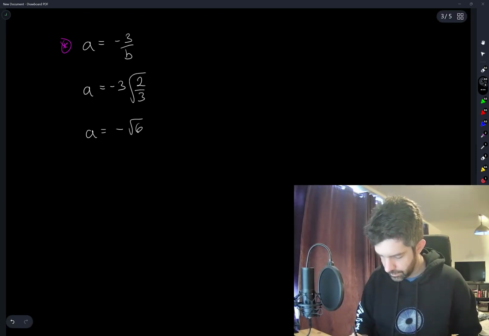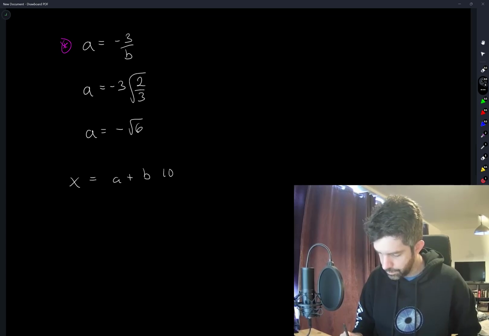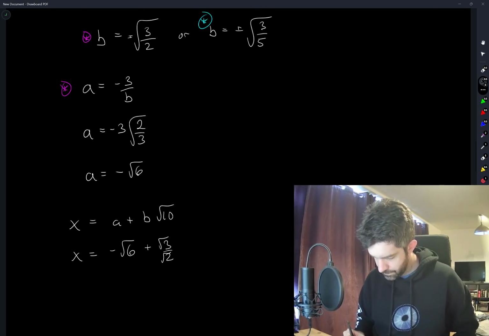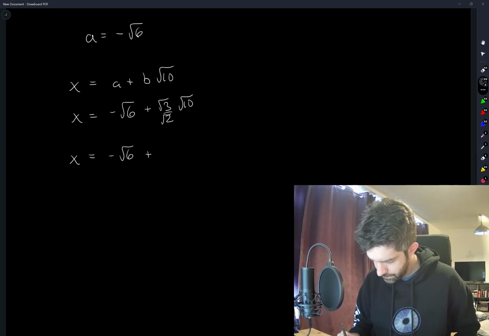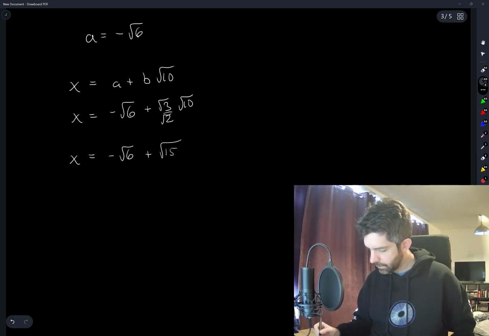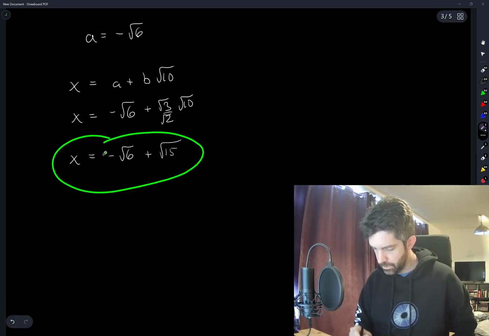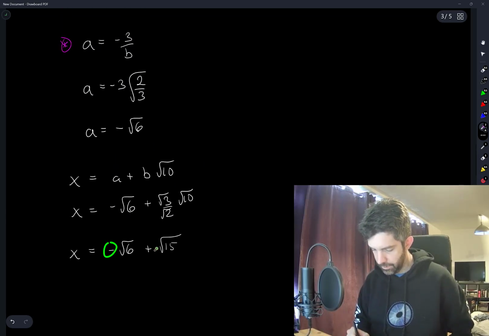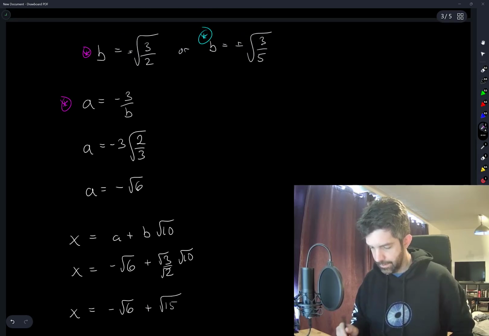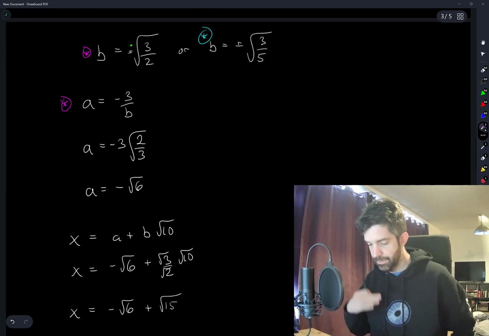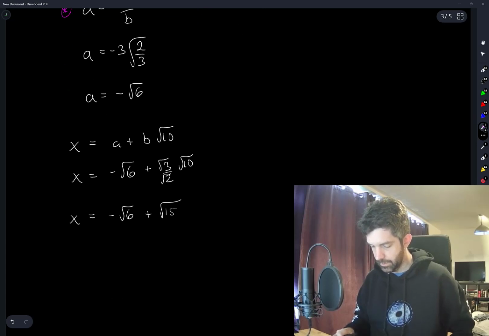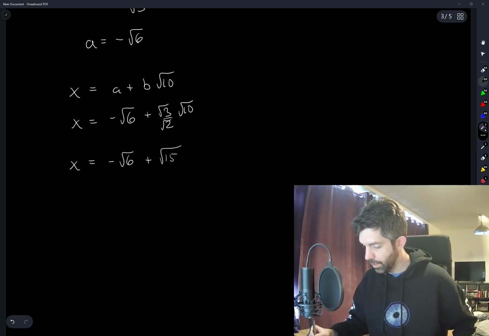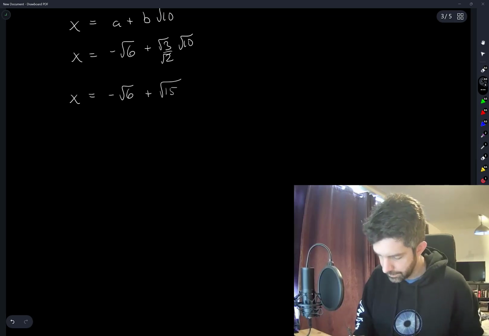But let's just continue with this. So I said that x is equal to a plus b times root 10. So this is what I get for that first pair of a and b. Of course, if I multiply both of these by negative 1, that'll correspond to the other root, and I should still have x squared equal to this original number, but let's check.